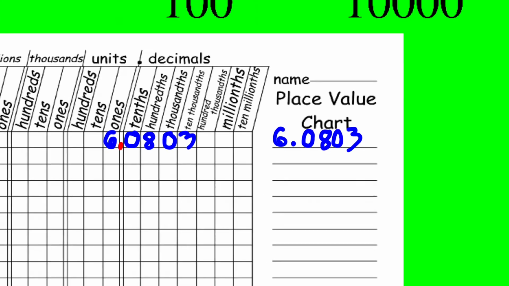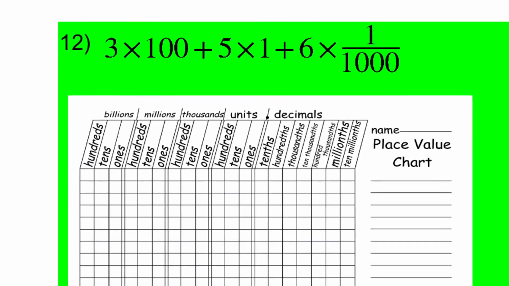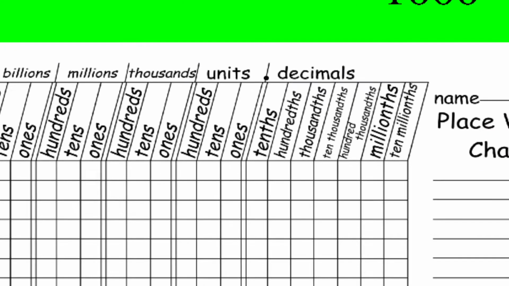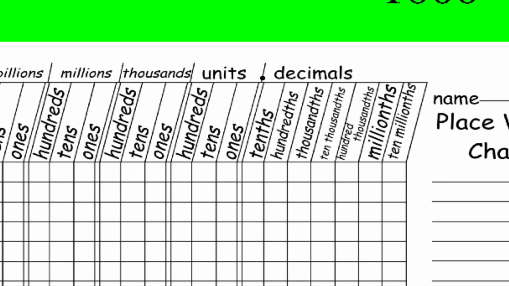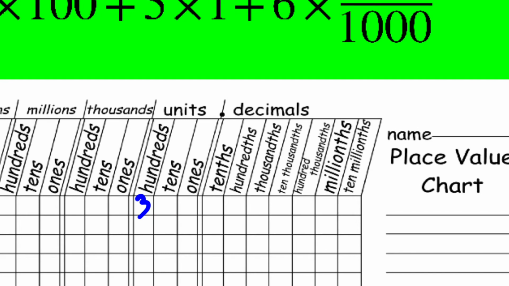Okay, so taking a number that's in parts and combining it together to put it in what we call standard form. Let's look at another one. 3 times 100 plus 5 times 1 plus 6 times 1,000. Well, 3 in the 100th spot. 3 hundreds. 5 in the 1 spot. 5 ones.